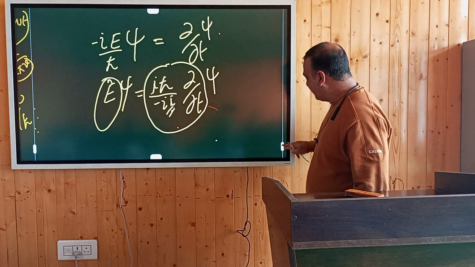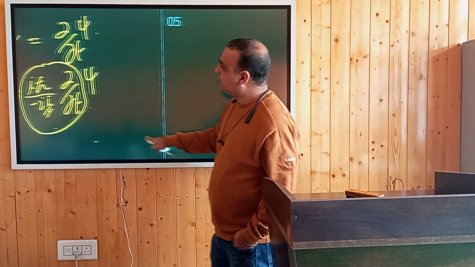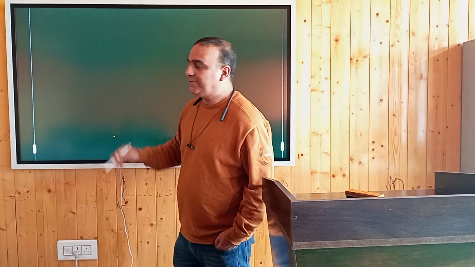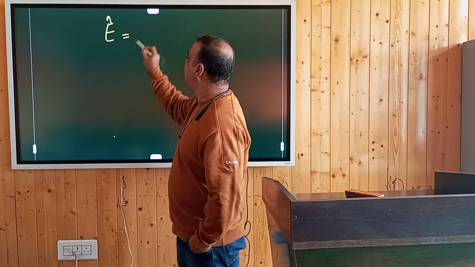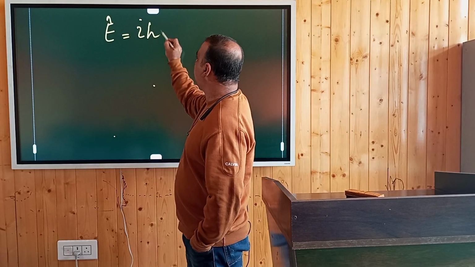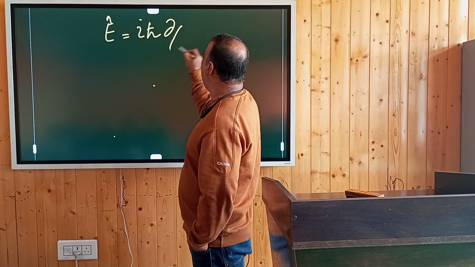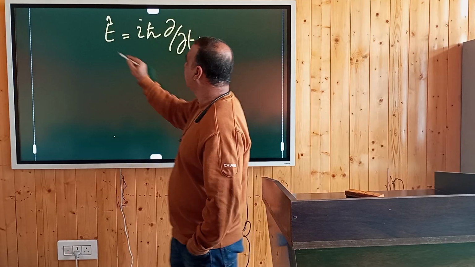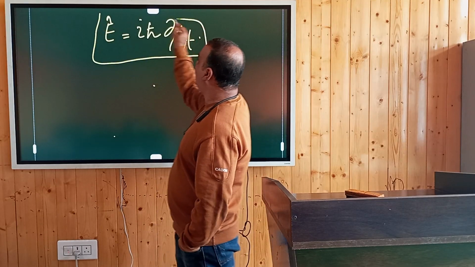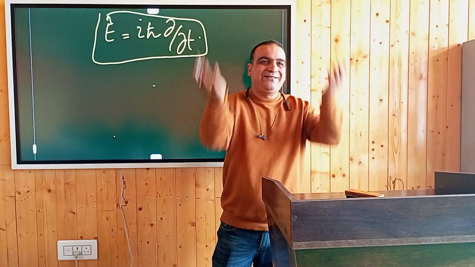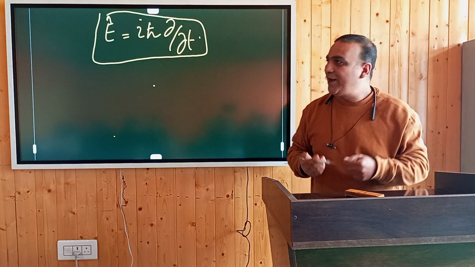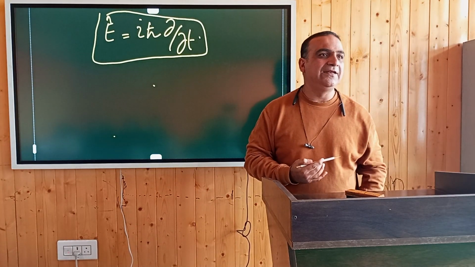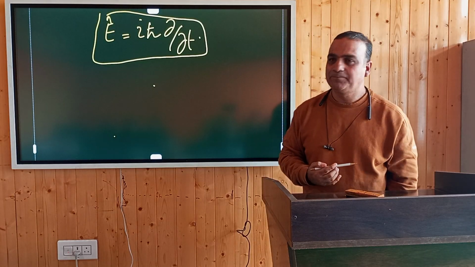So I can write down this energy operator. So what is this energy operator? Energy operator is i h bar dou by dou t. You can see I have just removed the wave function from both sides. When I remove it, what I obtain is the energy operator, isn't it?